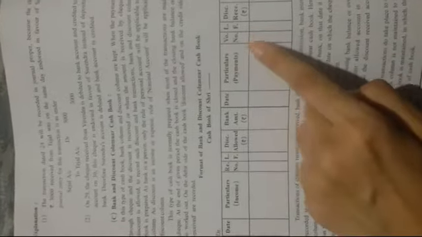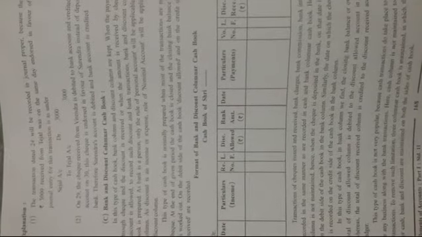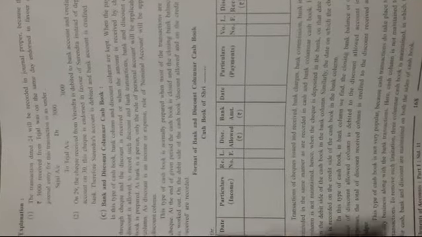Got it? And at the top of the table you have to write DR, that is debit side, and CR, that is credit side. And Cash Book of Shri, whatever name is given in the question, you have to write afterwards: Cash Book of Shri ___.